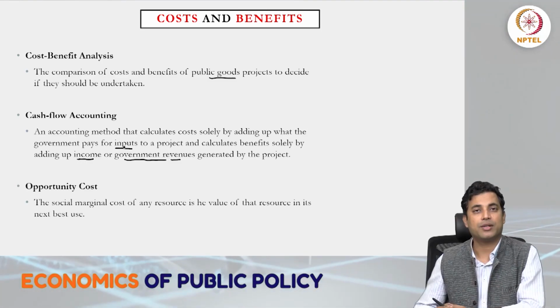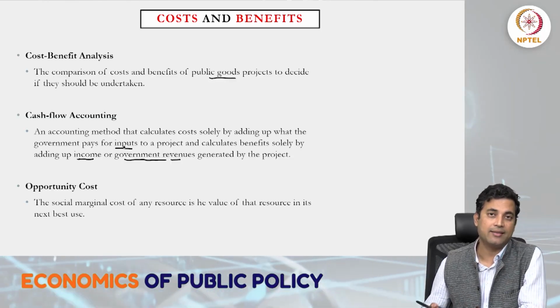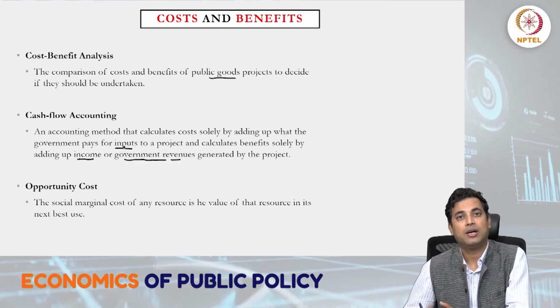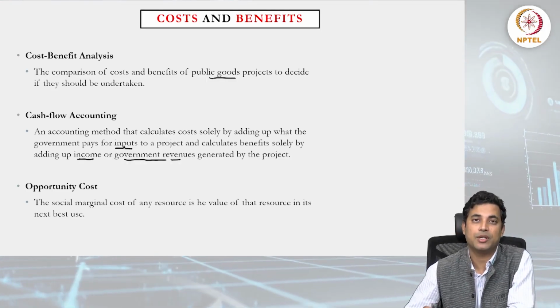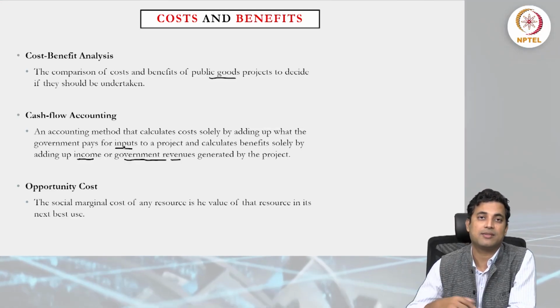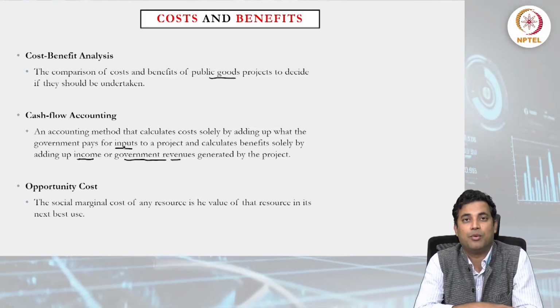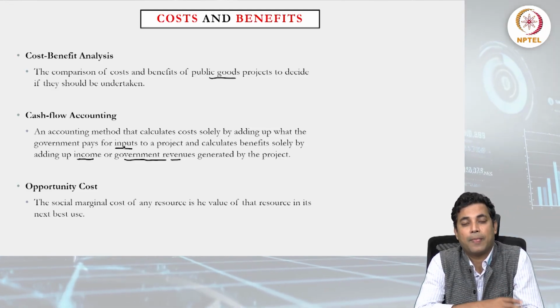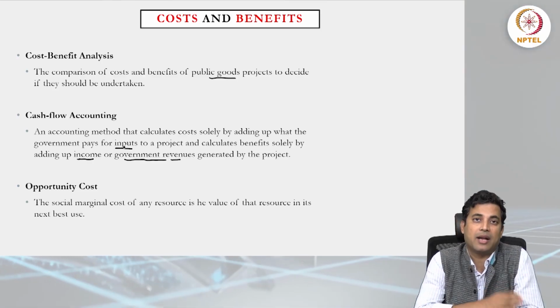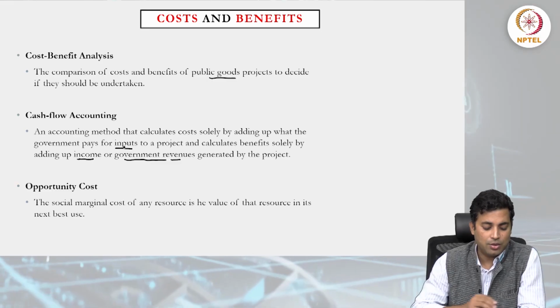Opportunity cost, which we already discussed, I'd like to highlight again, as we mentioned in our earlier lectures. It is very important because it helps us understand the trade-off, how much we are giving up in order to get one extra unit of output.